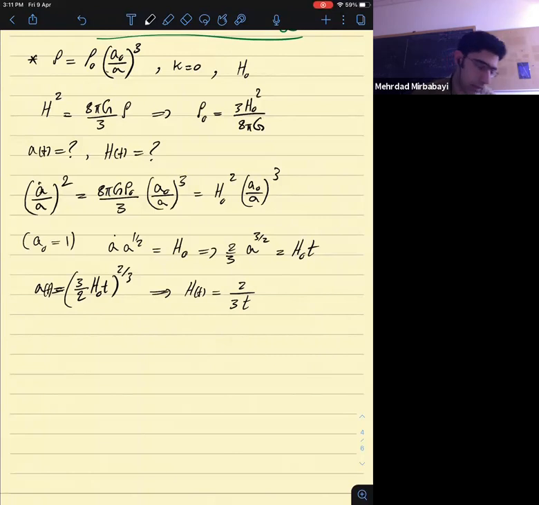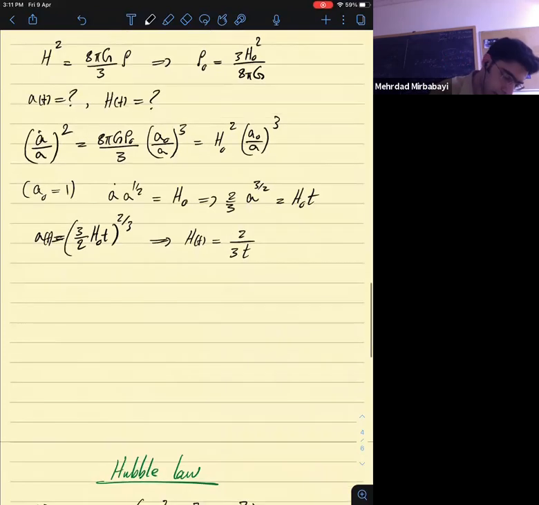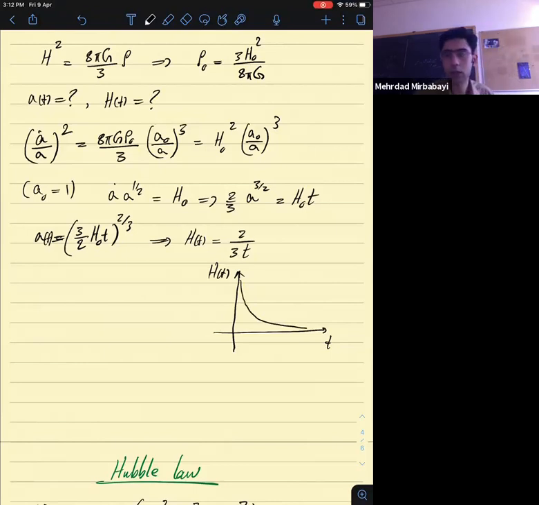So what do we see here? As a function of time, H of t decreases, but it blows up at t equal to 0.